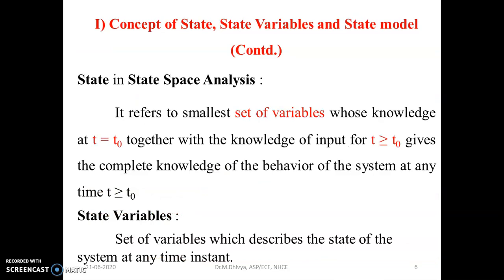Referring to the state in state space analysis of control systems, it refers to the smallest set of variables whose knowledge at time t equal to t naught, together with the input for t greater than or equal to t naught, gives the complete knowledge of the behavior of the system at any time t greater than or equal to t naught.